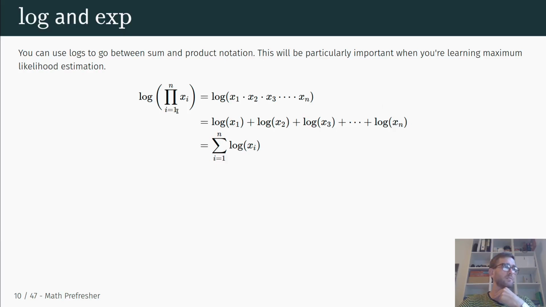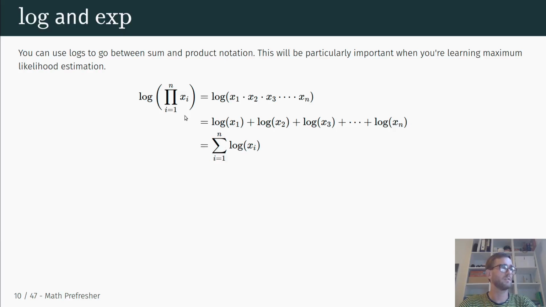We have a log of a product over a lot of elements, and this log of this product can be expressed as the sum of the logs, which is a result that we will use in maximum likelihood estimation to simplify some equations.